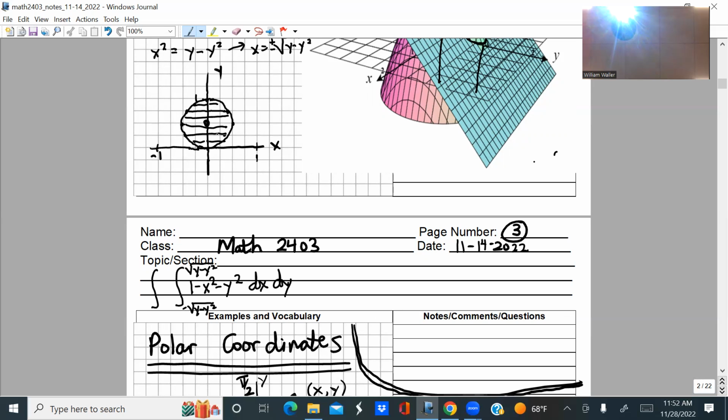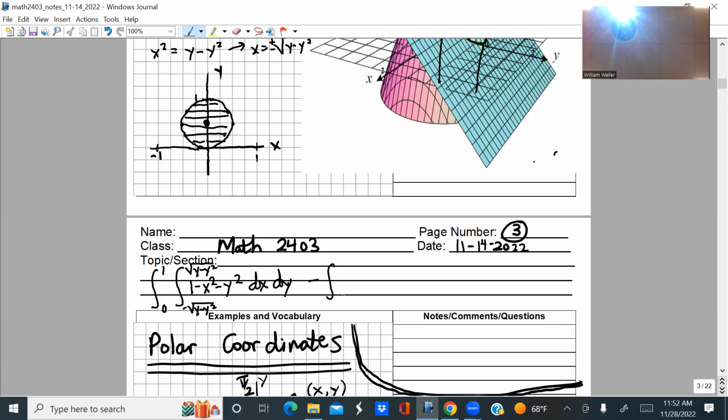So each one of those slices has these limits along the x-axis, from the left side of this circle to the right side of this circle. But y is just moving from 0 up to 1. So not so bad, at least setting it up. Now, integrating that is another matter. And so that's the volume beneath the paraboloid down to this region of integration.